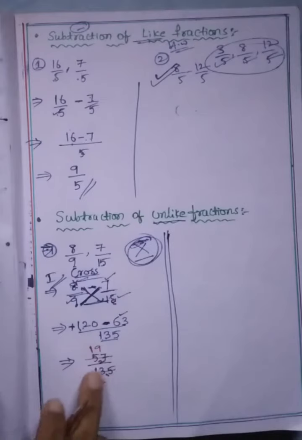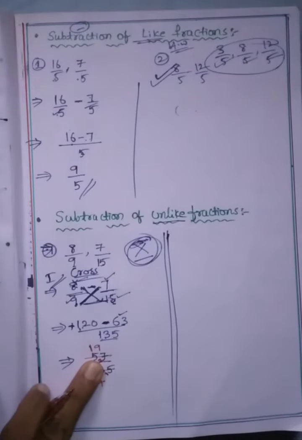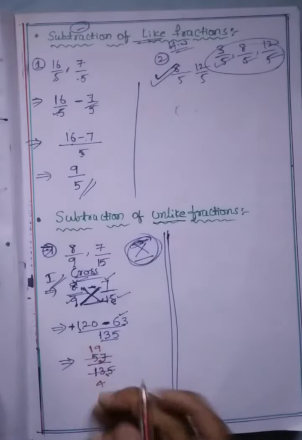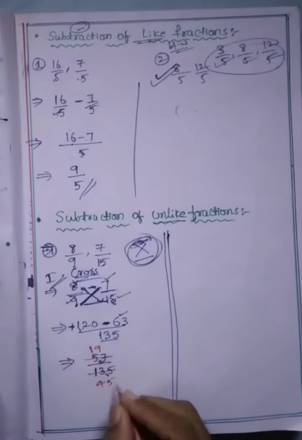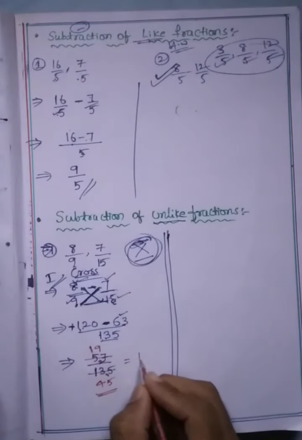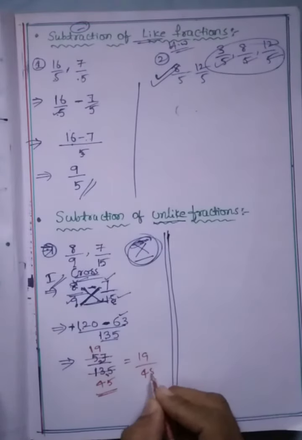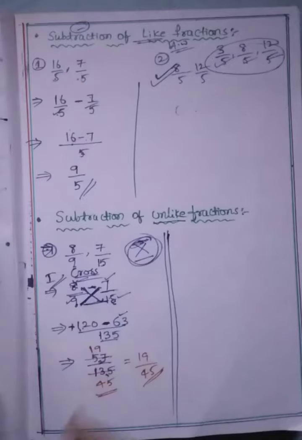Take that 1 and close this one. 1 5 is considered as 15. 3 5s are 15. What is your answer? Our answer is 19/45 by using the cross multiplication method.